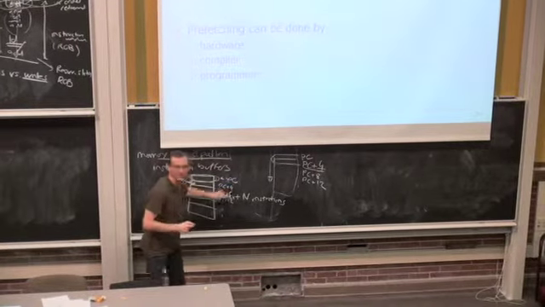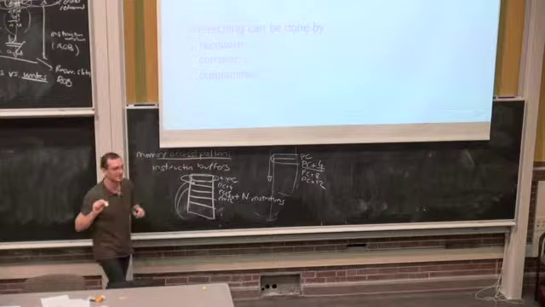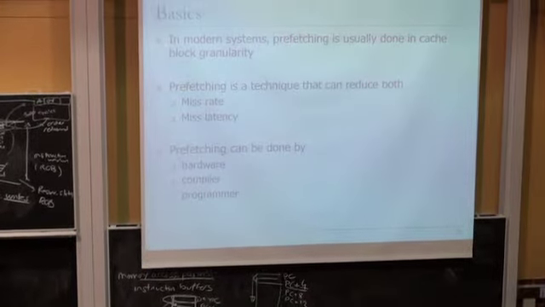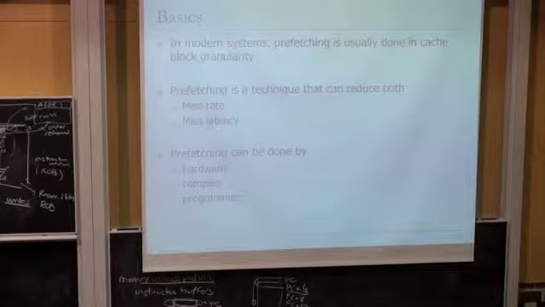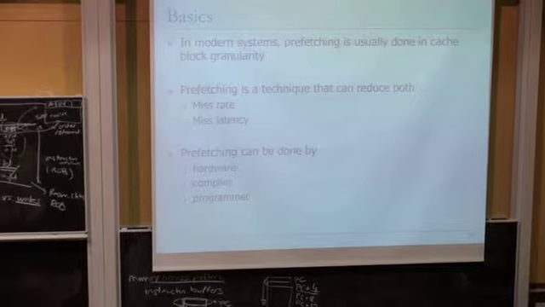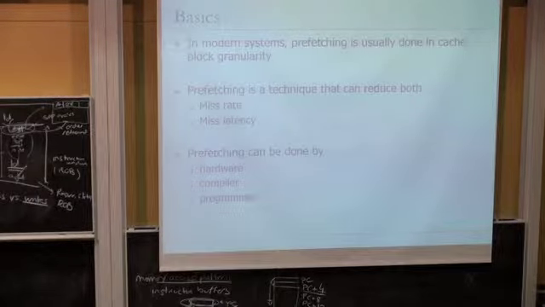Cache block 1, cache block 2, cache block 3, cache block 4. And you sequentially go through those cache blocks, right? And machines do it that way today. It can reduce both miss rate and miss latency. Hopefully this is clear. So when you prefetch something, by the time you use it, it may have already arrived into the cache. Right? That way you've eliminated the entire miss.